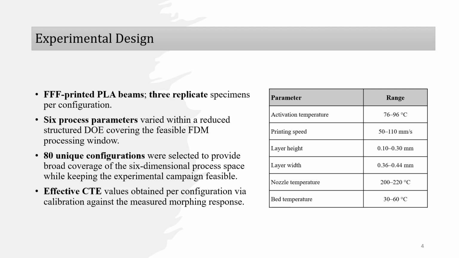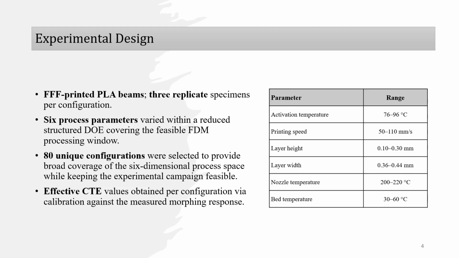For example, we can see activation temperature ranged from 76 to 96 degrees Celsius. Printing speed ranged from 50 to 110 millimeters per second, and so on for the other process parameters. In total, 80 unique configurations were selected.